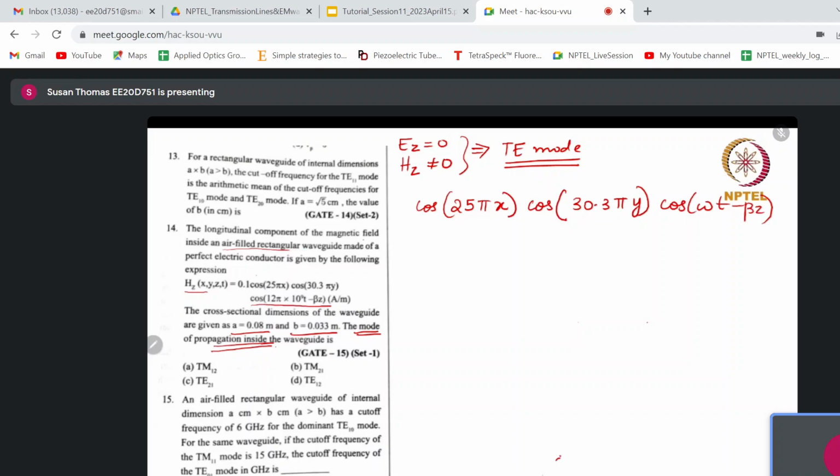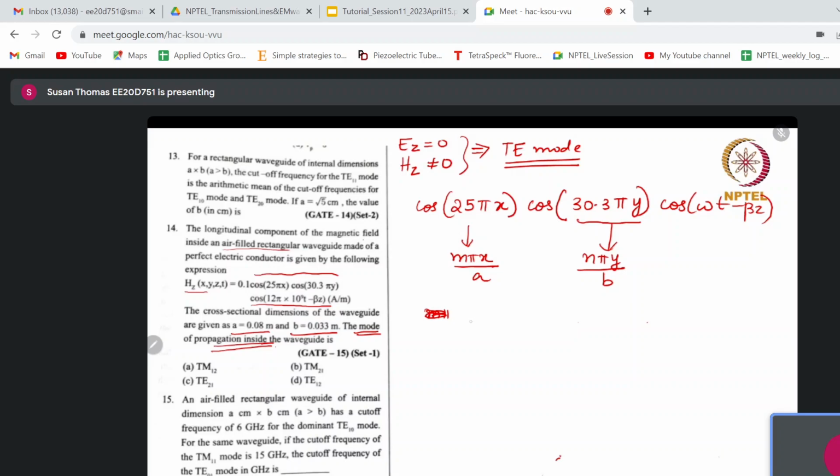So let us focus on these two parts. This is of the form m pi x by a, and this is of the form n pi y by b. Now how to solve it? M pi x by a, you know the value of a here.